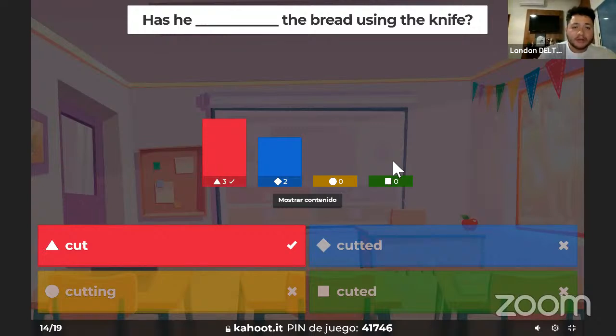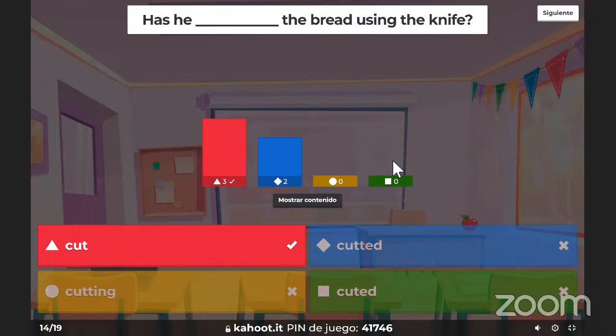Okay. Can you please help me read, Maite, this question, please? Vamos a ver esta pregunta and then we translate. Okay, sorry, I cannot hear you. Can you repeat? Has he cut the bread using the knife?